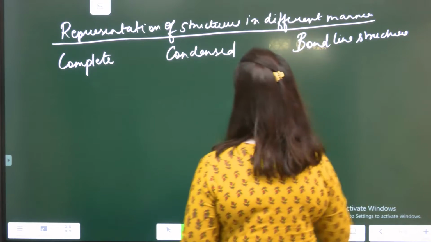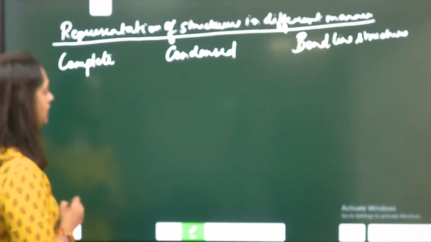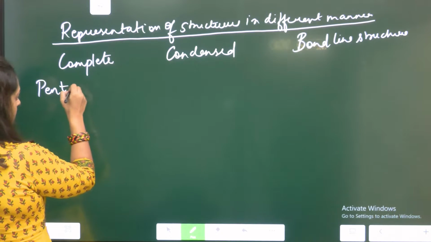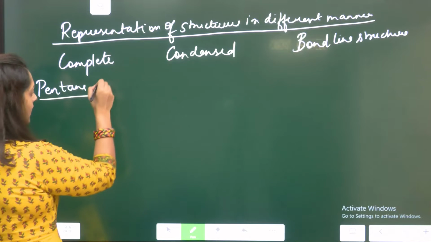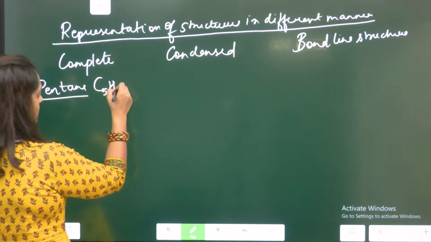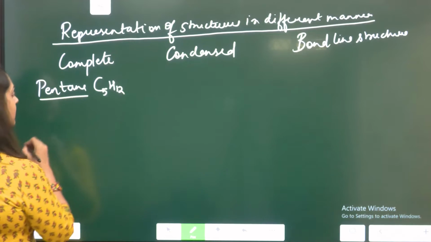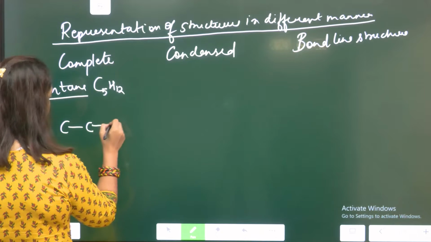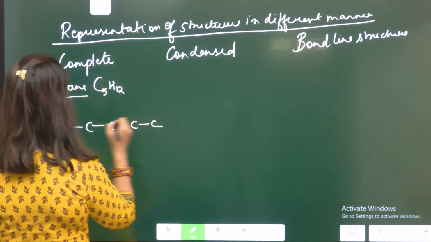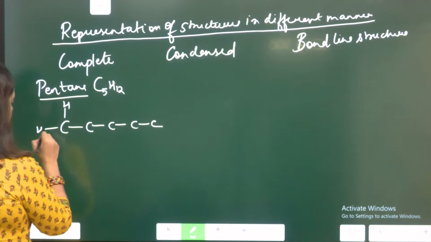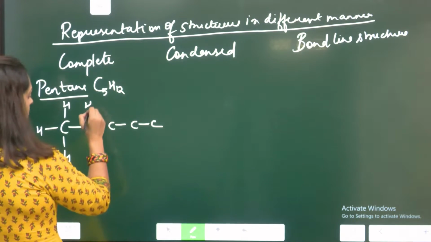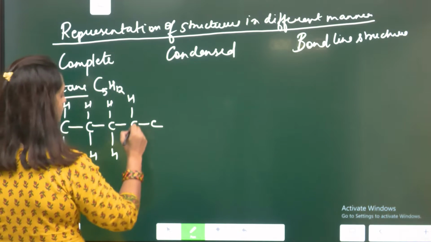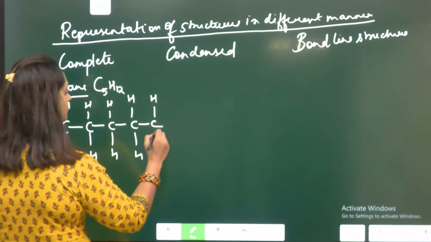Right? So now let's see each one of them in detail. Let's say I am taking pentane. Pentane is an alkane with 5 carbons, that is C5H12. The complete structure would look like how? I draw every carbon and represent all the bonding which is present with it. Second carbon, third carbon, fourth carbon and fifth carbon.